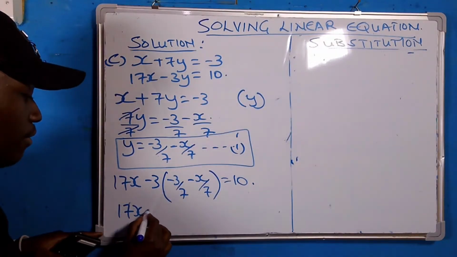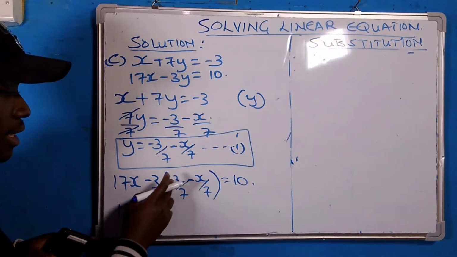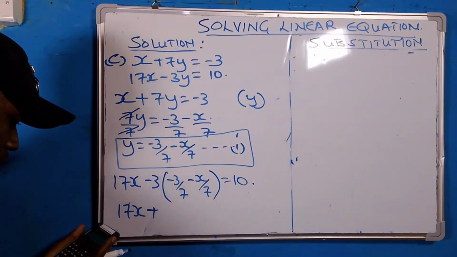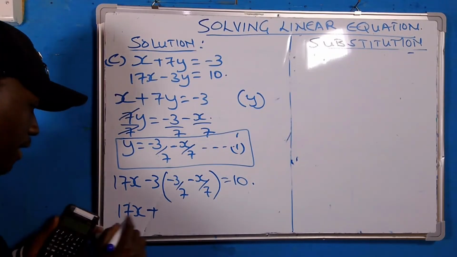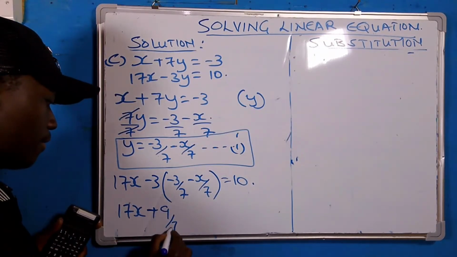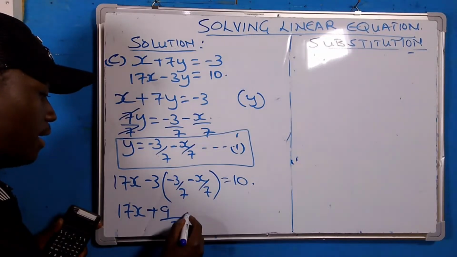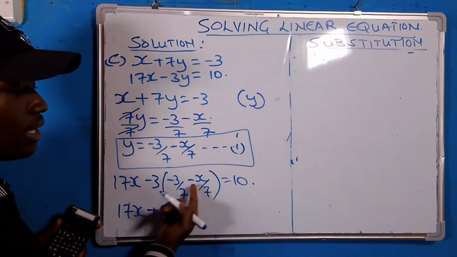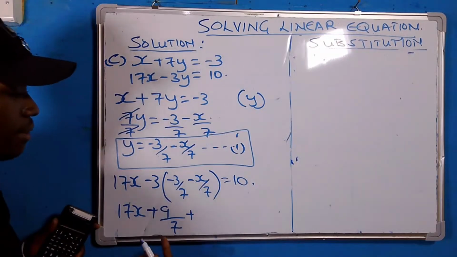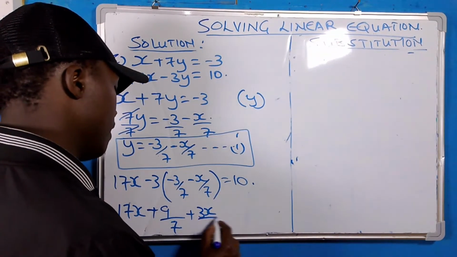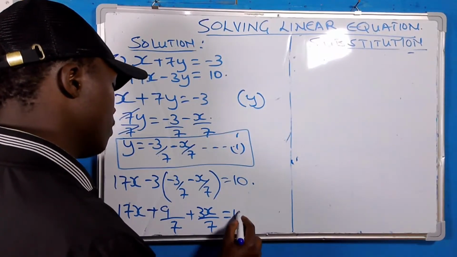Negative times negative will be positive. So 3 times 3 over 7 will be equal to 9 over 7, plus, because negative 3 times negative x over 7 is the same as plus, 3x over 7, is equal to 10.